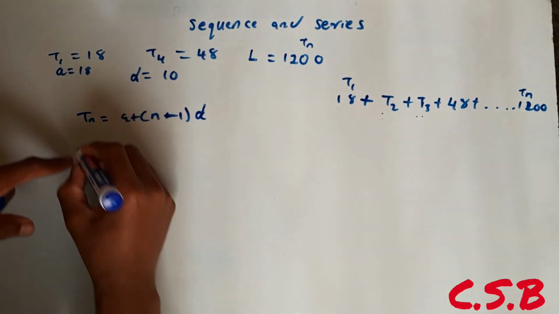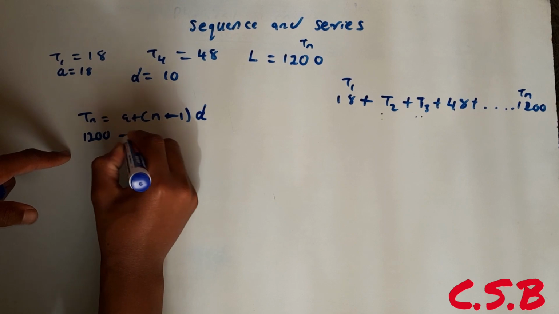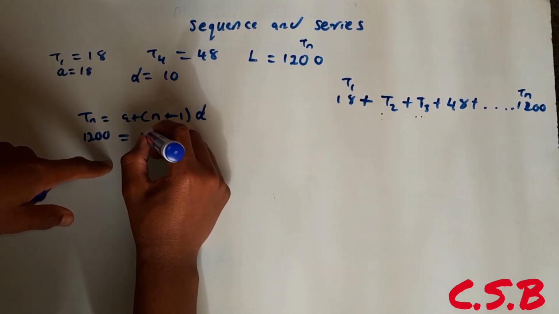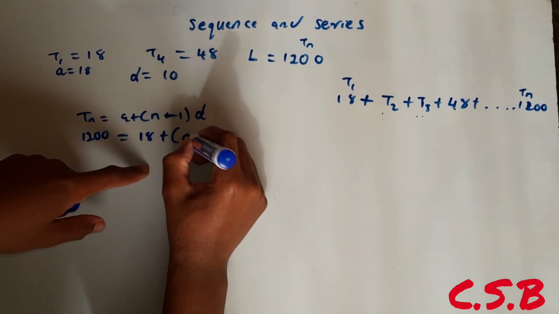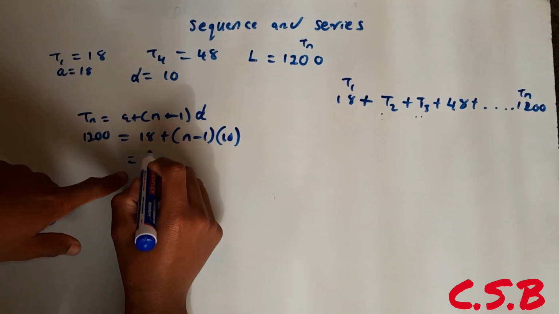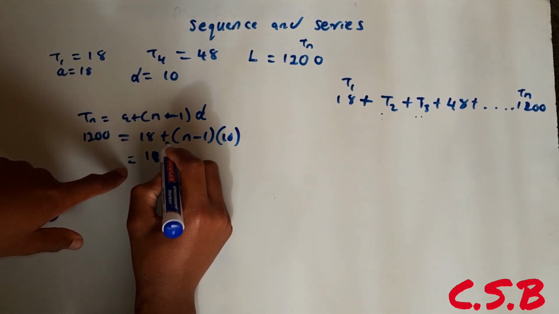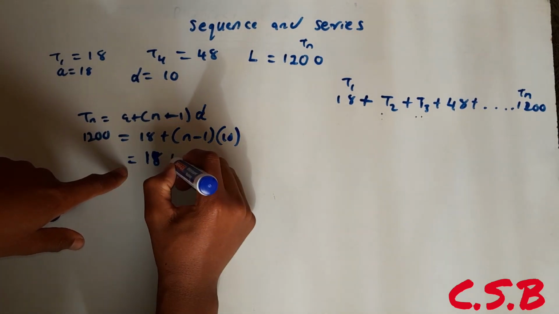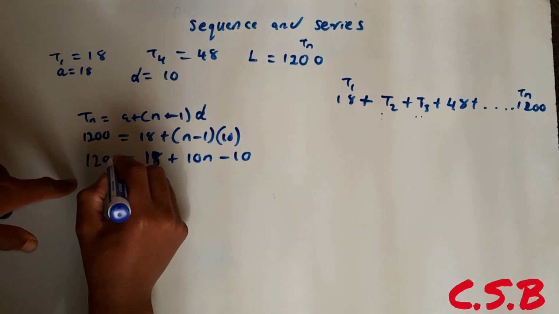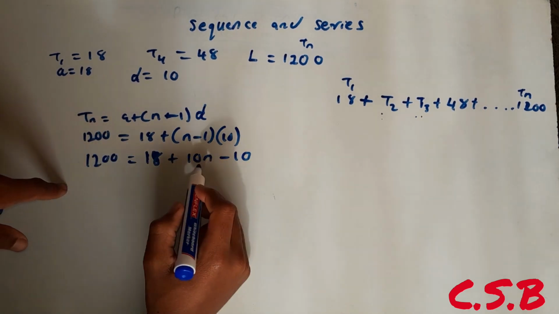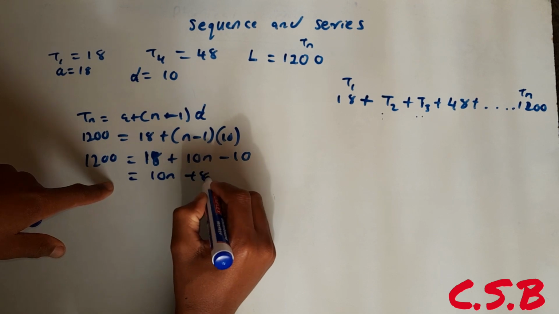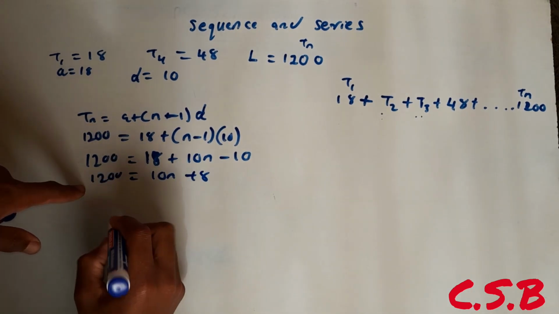Tn we have 1200, then our A is equal to 18 plus n, which is what you're looking for, then our difference is 10. So this is going to be 18 plus 10n minus 10 equals 1200. We will be left with 10n plus 8 equals 1200.